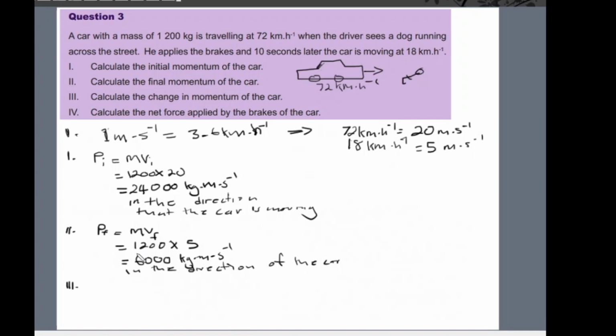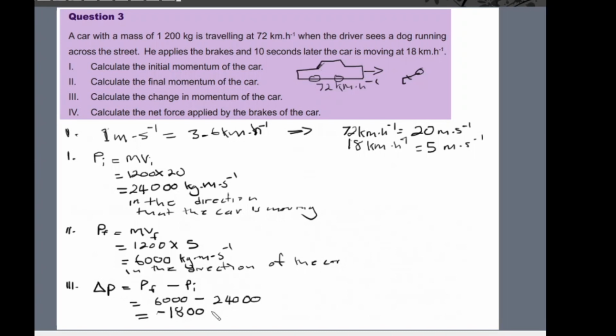So when you say 6,000 minus 24,000, that's minus 18,000 kilograms meters per second. So the change in momentum is 18,000 kilograms meters per second in the opposite direction that the car is moving.